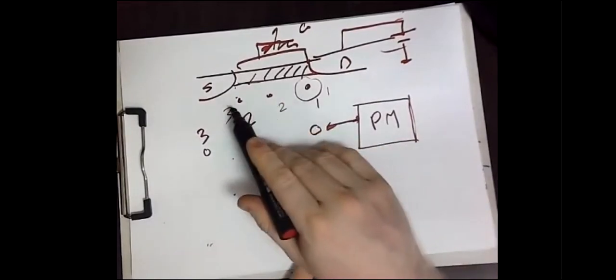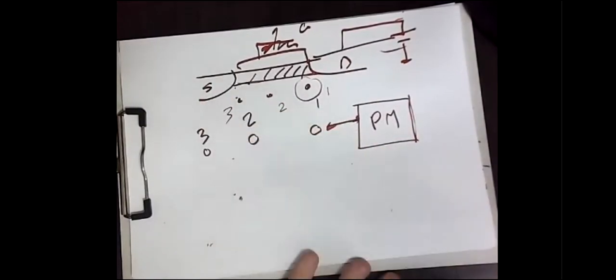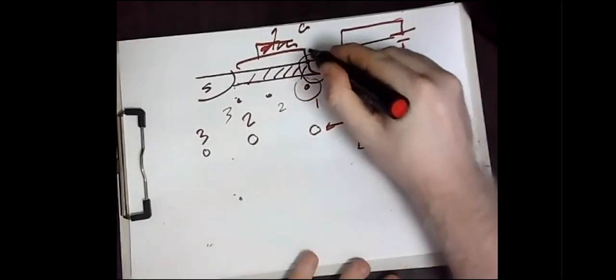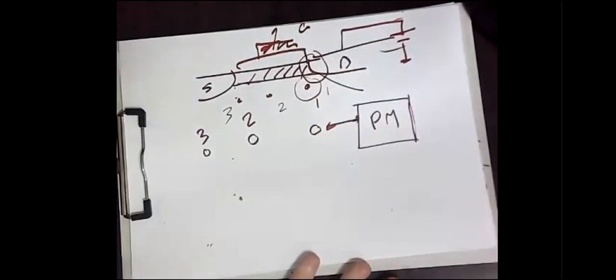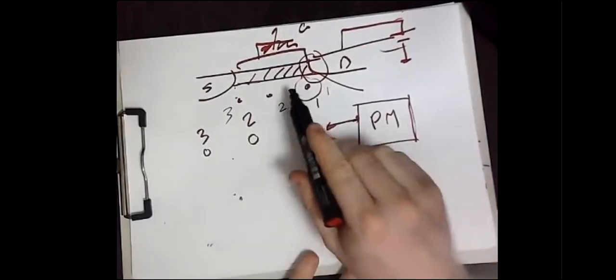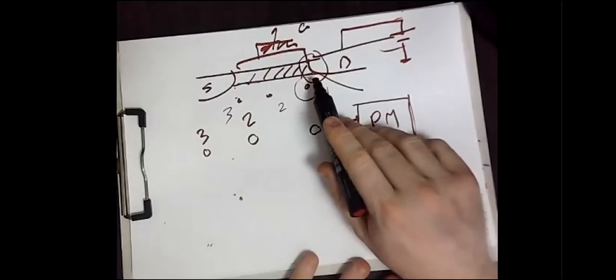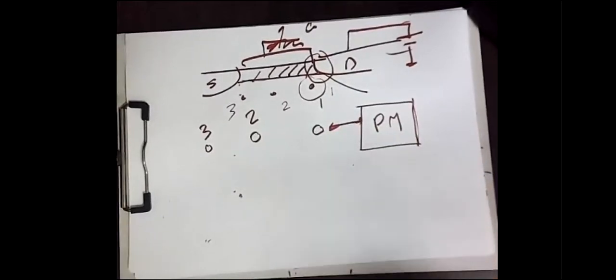And as far as you go towards the source, the probability of attraction is reduced. So in this region, typically, I mean the boundary between the channel and the drain, we can say that the probability of attraction is very, very, very high.